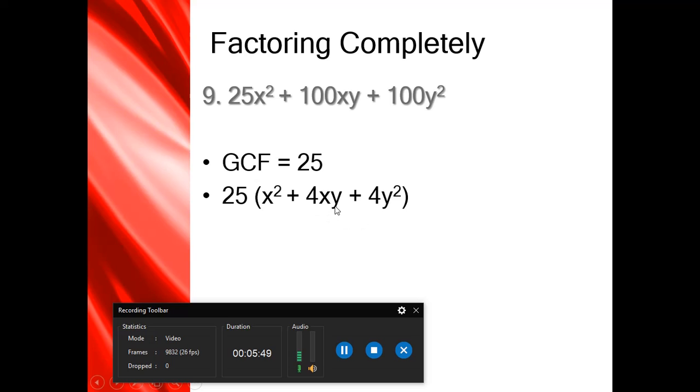The only thing different here is I do have a middle term. So while they are squares, it won't be a positive sign and a negative sign. It's going to have 2 of the same signs, and they're both going to be positive so that we can obtain 4xy. So we're going to separate the front term, and we're going to separate the back term.